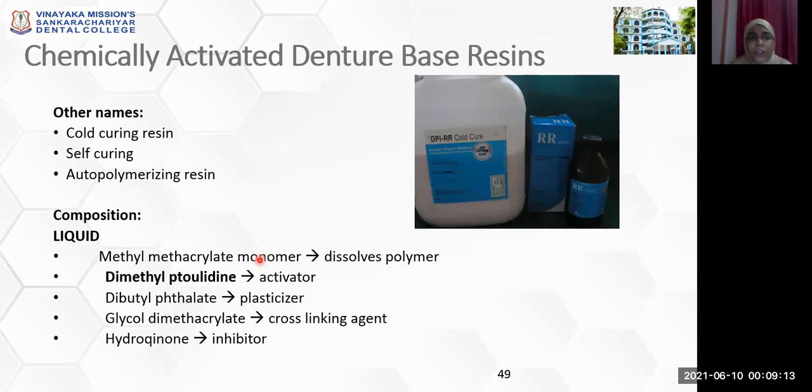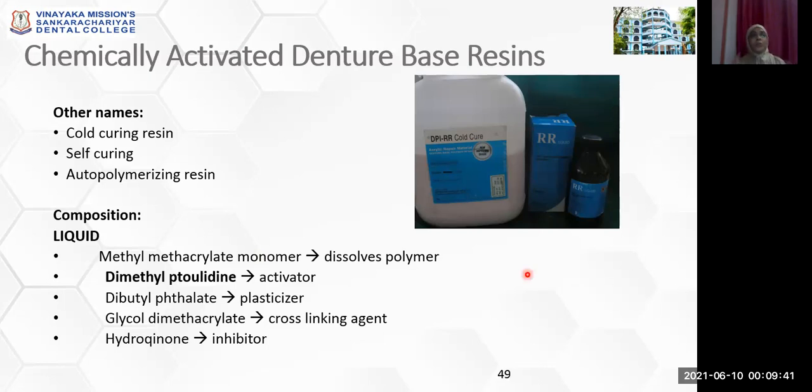So next we are going to come to chemically activated denture base resins. So these chemically activated denture base resins are otherwise called self-cure resins or auto-polymerizing resins. Okay. So here if you see, the liquid will contain methacrylate, okay, and then an extra component you have to remember here is dimethyl paratoluidine, okay.